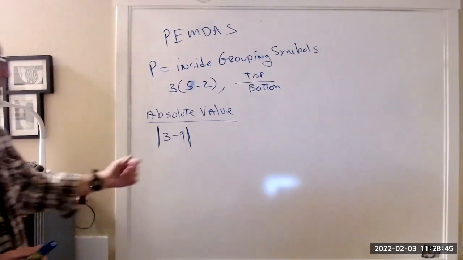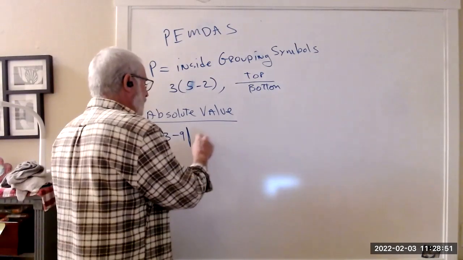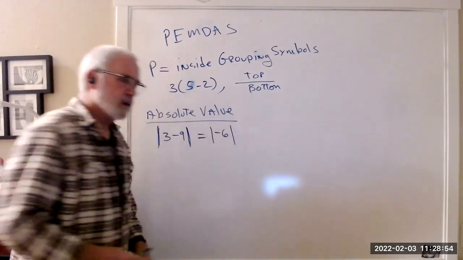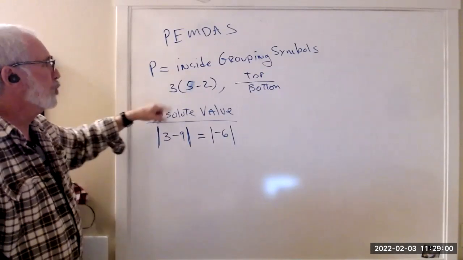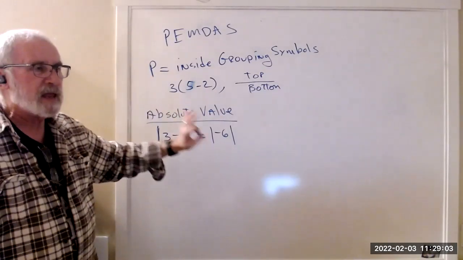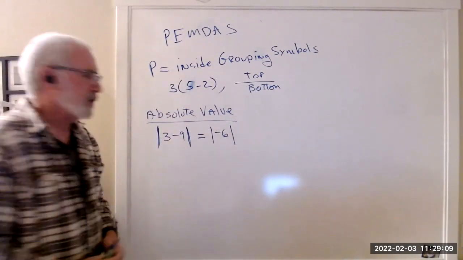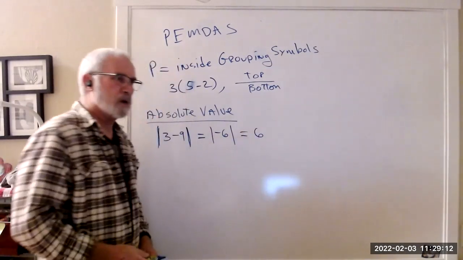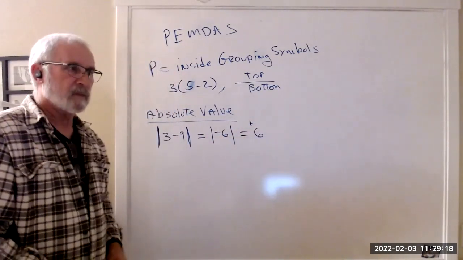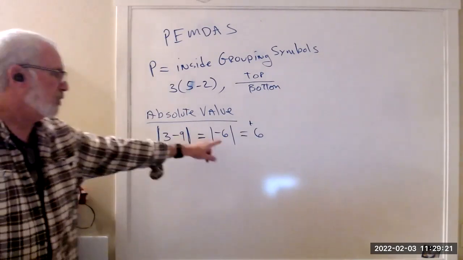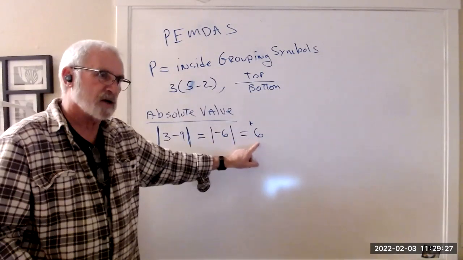So the first thing we're going to do is do inside. 3 take away 9 is -6. Absolute value of -6. But the absolute value symbols, remember, are like super grouping symbols. They take whatever the answer is inside and make it positive. So the absolute value of -6 is regular 6, +6 if you want to put a little plus up there. Whatever is inside the absolute value, it takes it out, no more absolute value bars, but your answer is positive.